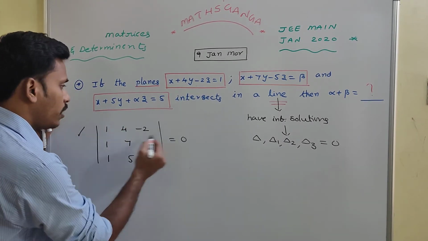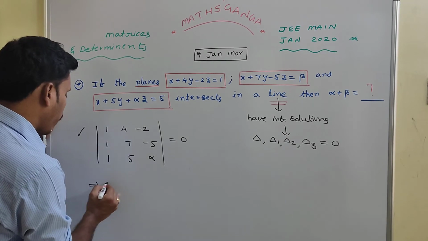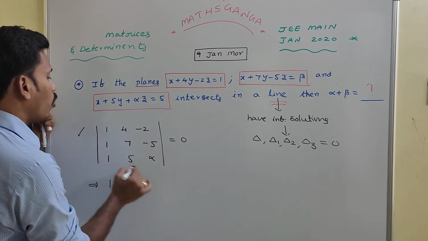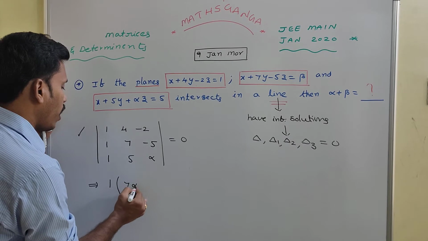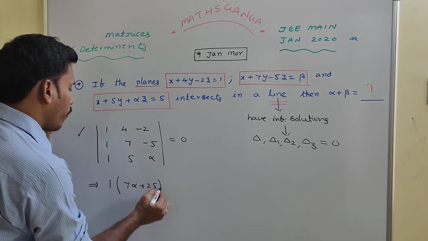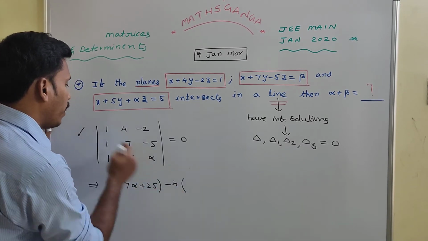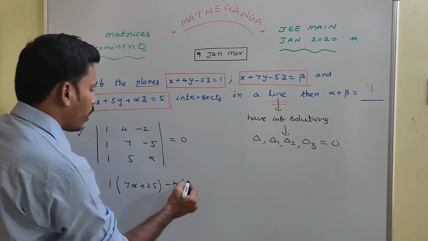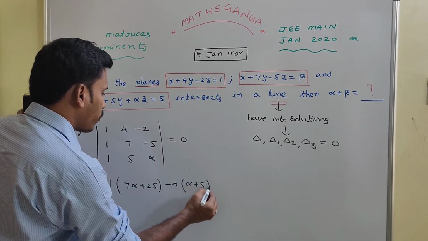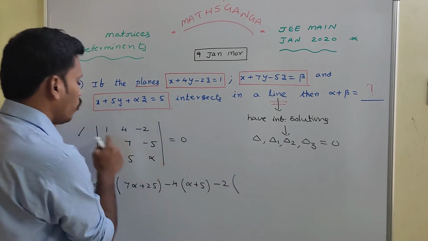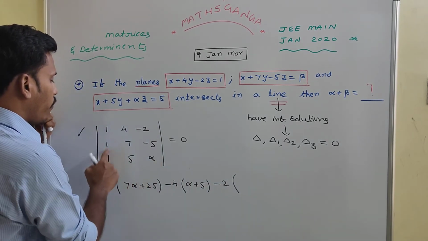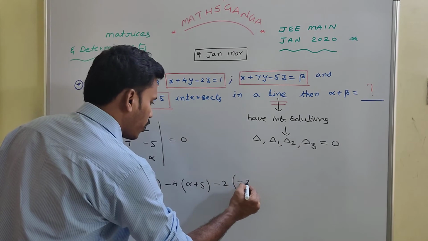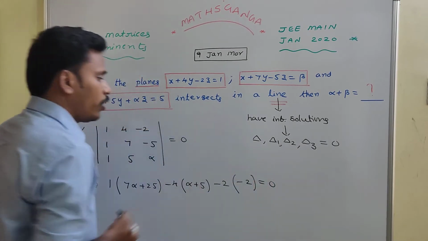Now this is how we can simplify it. 1 into the determinant of these 4, which is 7 alpha plus 25, minus 4 times, leaving this row and this column, alpha, minus of minus is plus 5. Minus 2 into, leaving this row and this column, 5 minus 7, which is minus 2, equals 0.